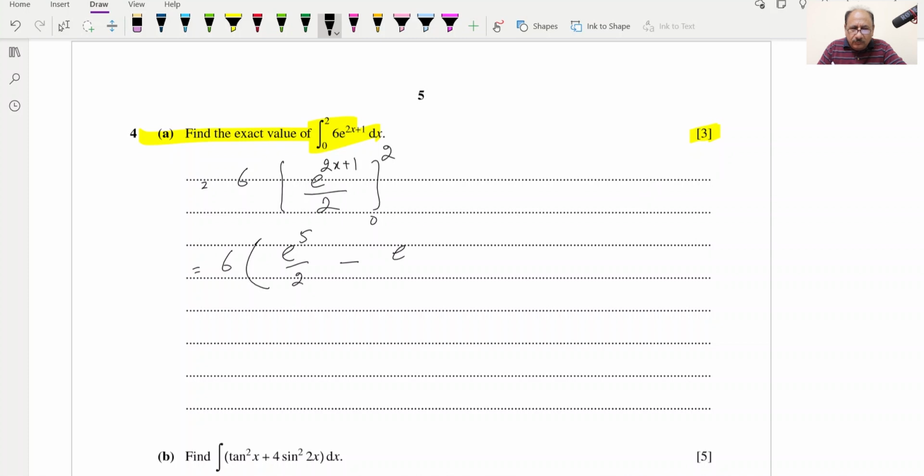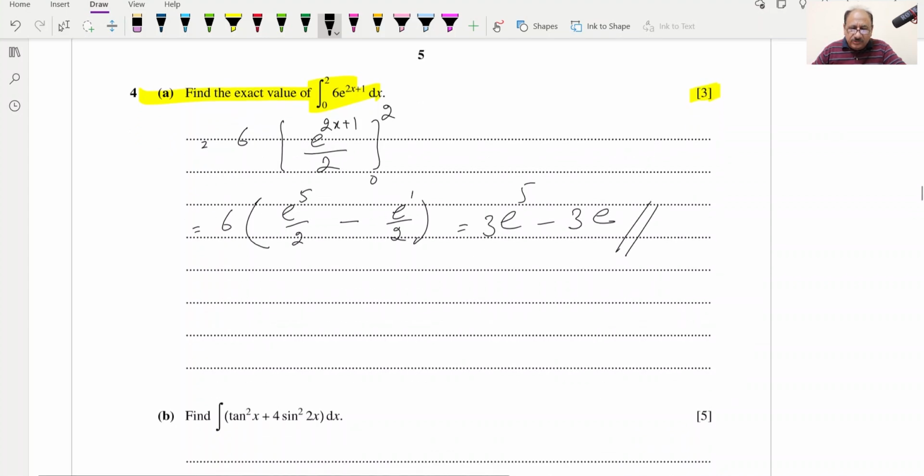Now we can multiply 6, so we'll get e raised to the power 5, and 2 will cancel with 6, so it will be 3 e raised to 5, minus again 2 will cancel with 6, so it will become 3e. So this will be the answer for this part.